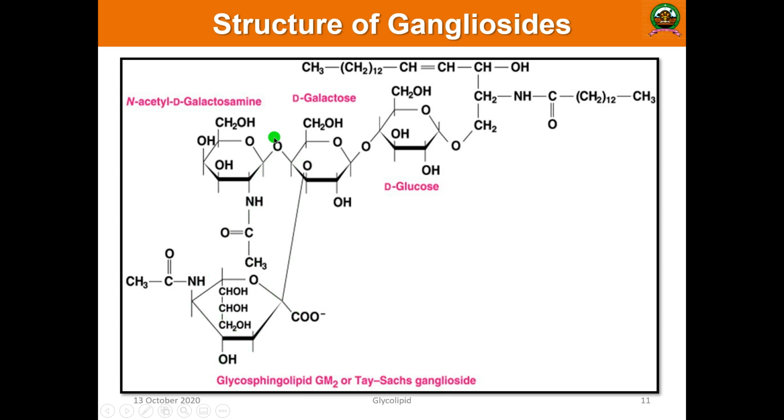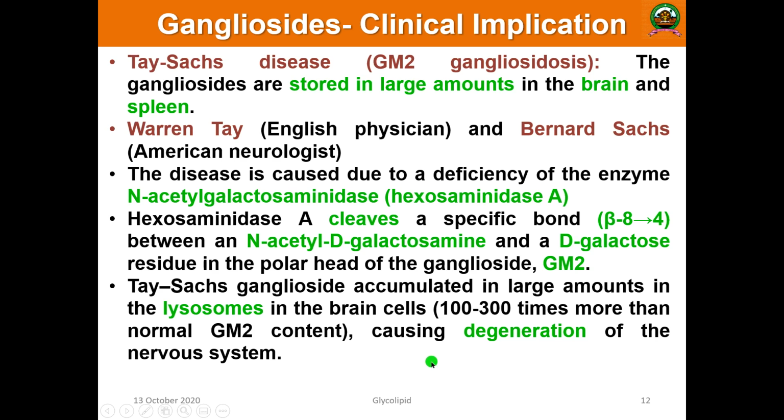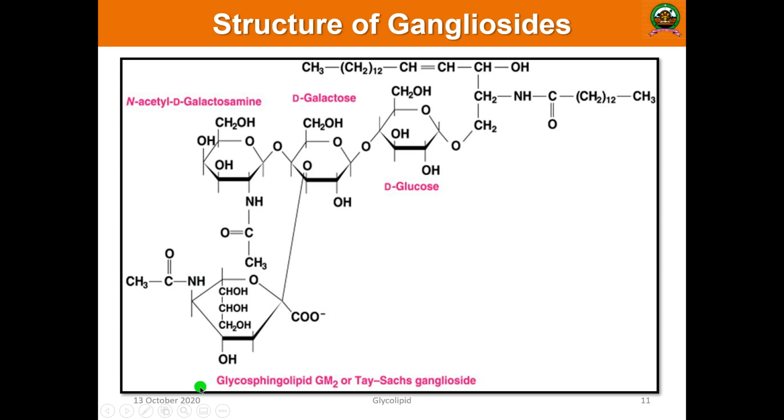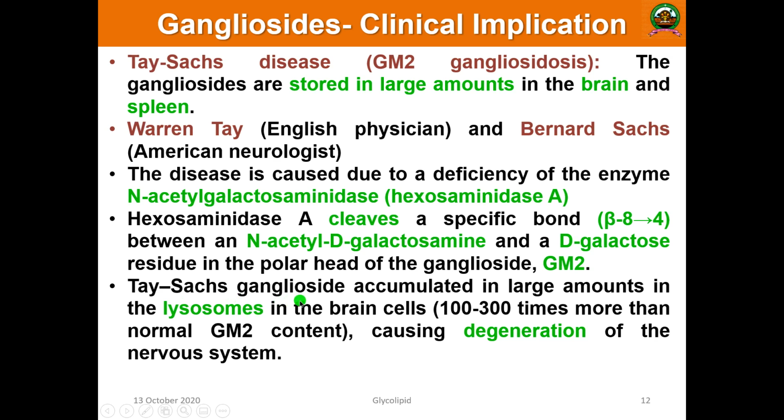It will make the cleavage, and it will be cleaved. But in the absence of this enzyme, this cleavage will not happen. These gangliosides will accumulate in large amounts in the brain and spleen, which leads to Tay-Sachs disease. This particular glycolipid GM2 is known as the Tay-Sachs ganglioside.